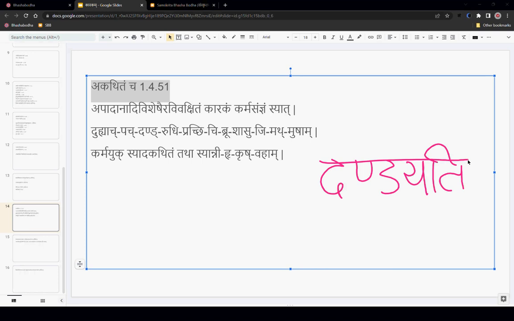Next one. Rudhi is another dhatu. Rudhi means stopping. Rodhanam, avarodhanam.